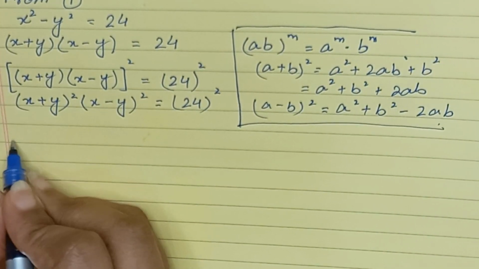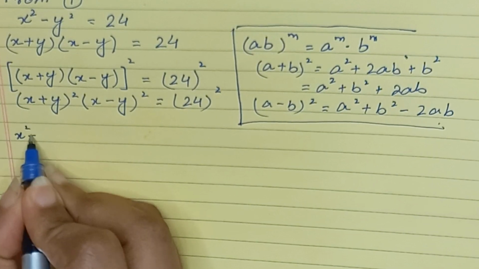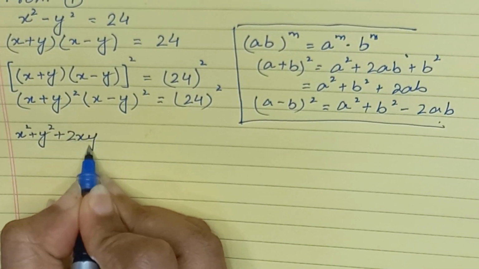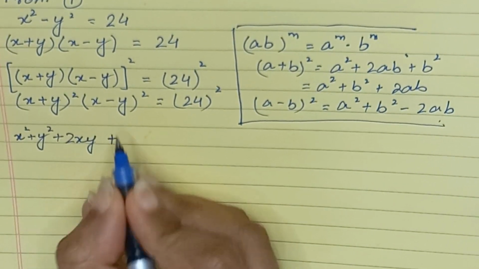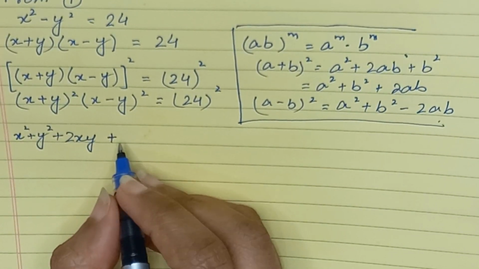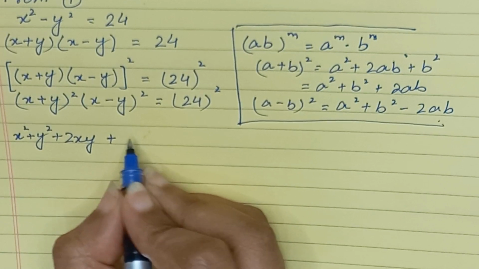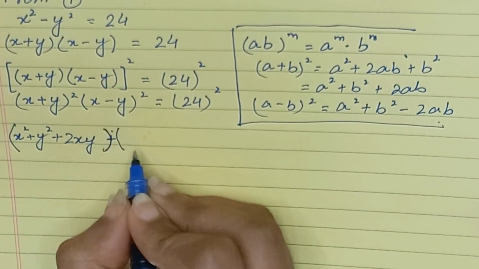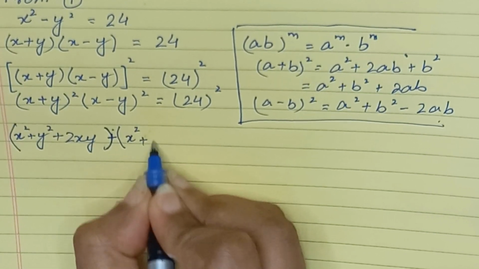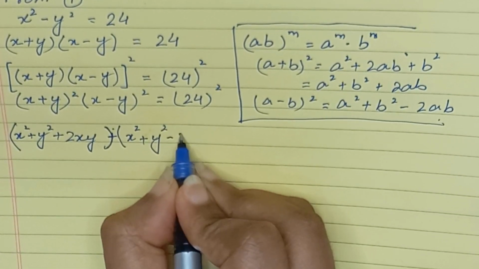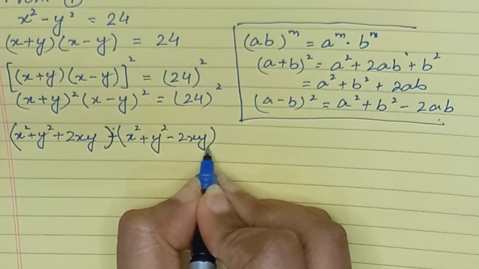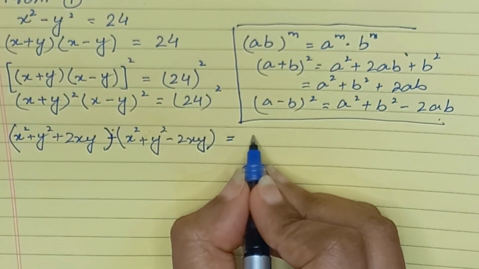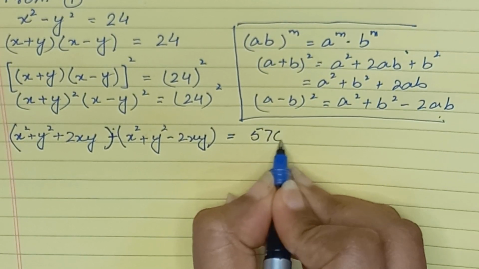So it will become (x square plus y square plus 2xy) and (x square plus y square minus 2xy), which is equal to 24 square, which is 576.